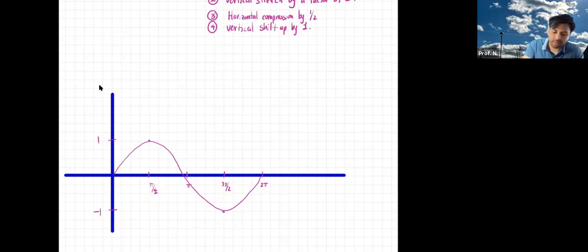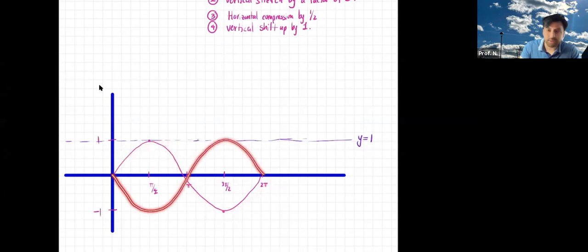We can do all those things individually, but let's see if we can do that quickly. That vertical shift up immediately changes the midline, right? Y equals 1. And then I'm going to flip it. So I'm not going to go up, down, up. I'm going to go the opposite. I'm going to go down, up, and down, right?